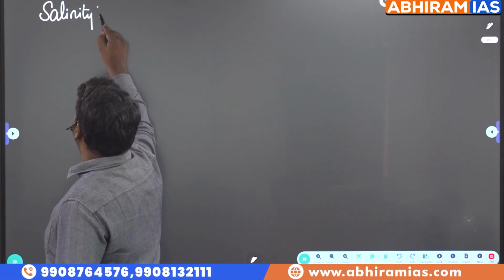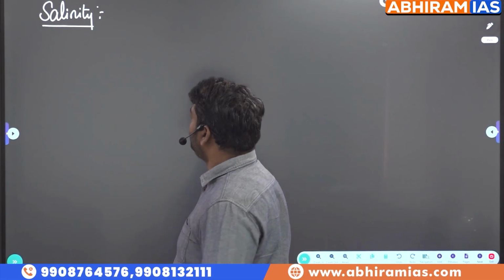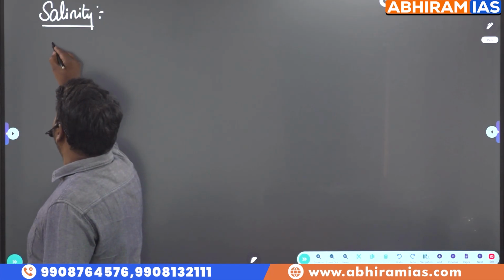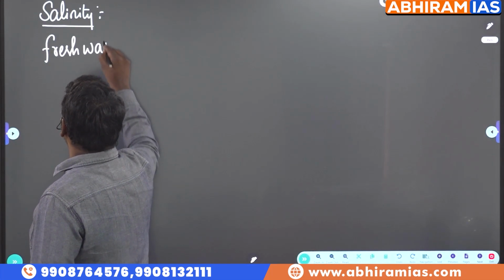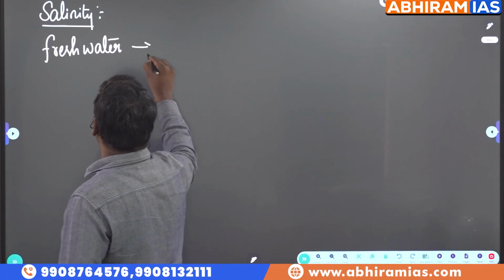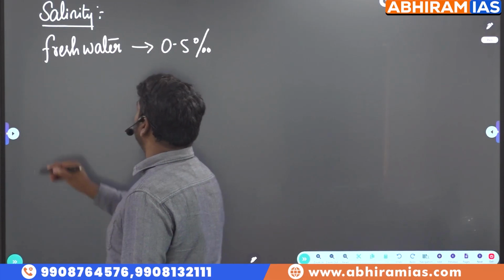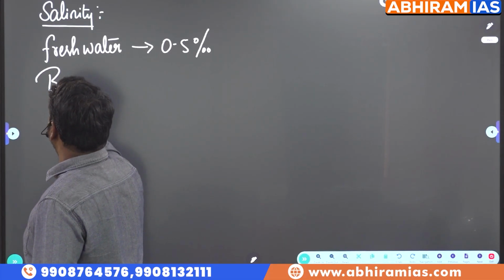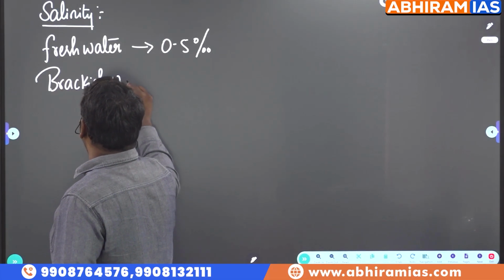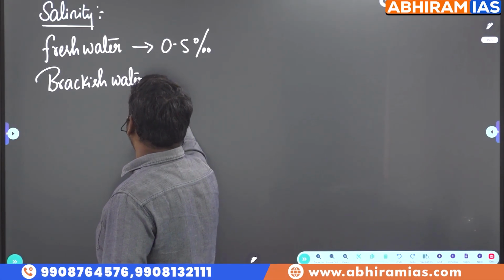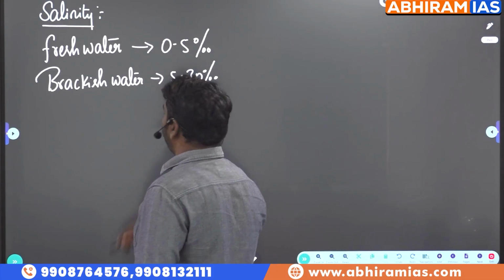Salinity. So we call something fresh water if it is 0 to 5 parts per thousand. We call it brackish water if it is 5 to 30 parts per thousand.